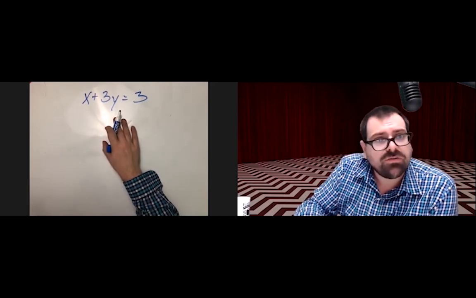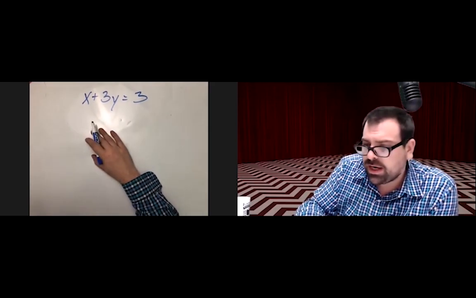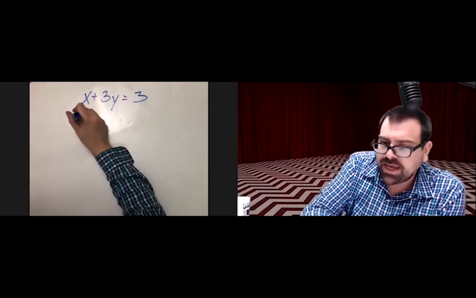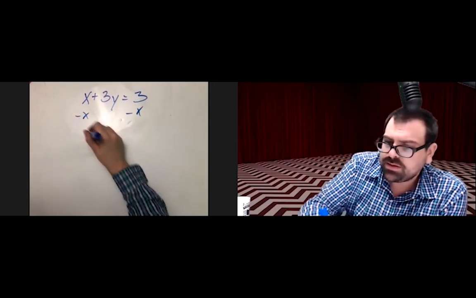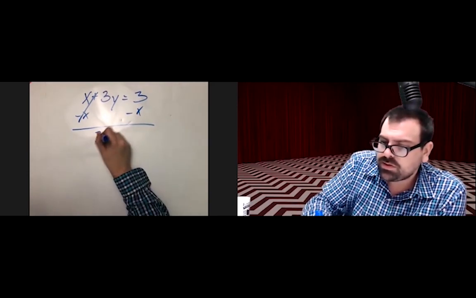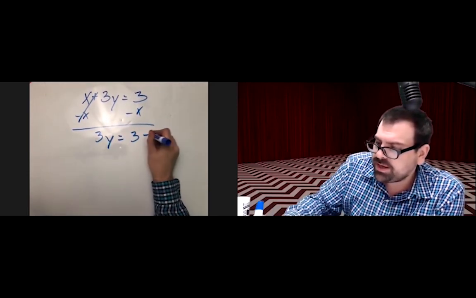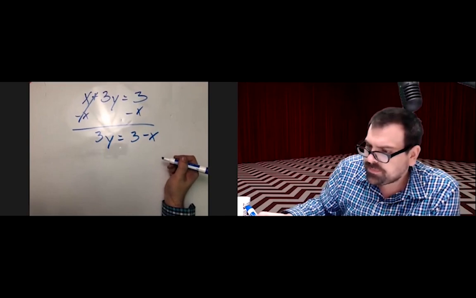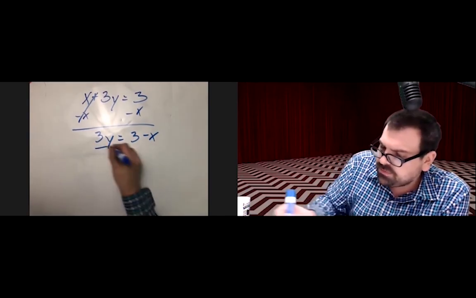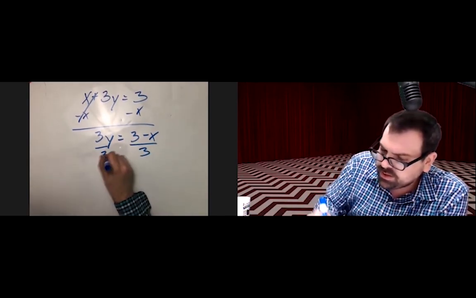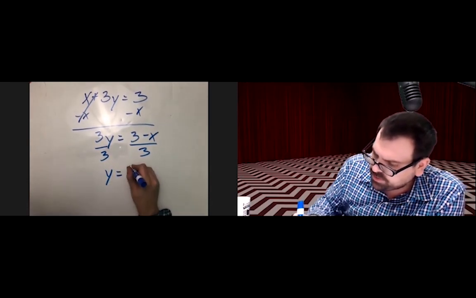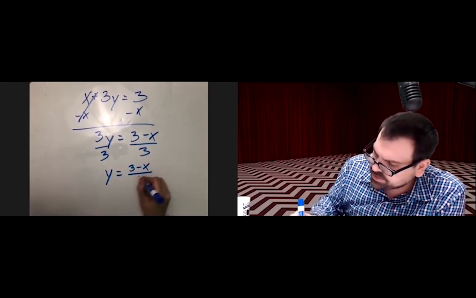So I'm going to go ahead and solve for y by subtracting x from both sides. So 3y equals 3 minus x. I'm going to divide both sides by 3. And y is going to be 3 minus x over 3.